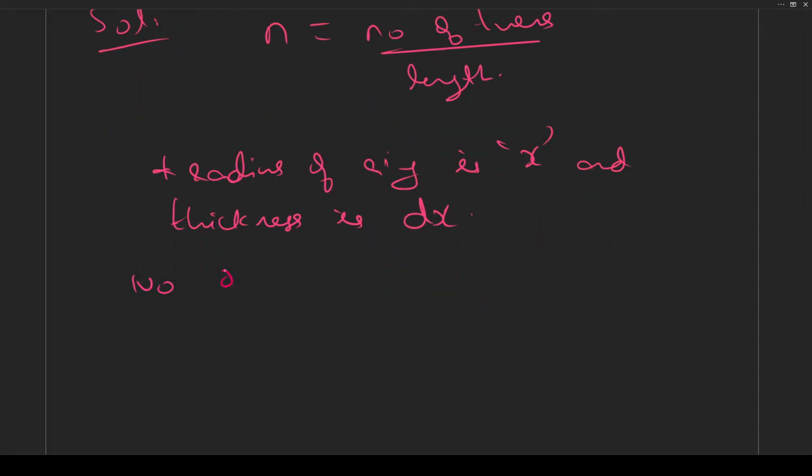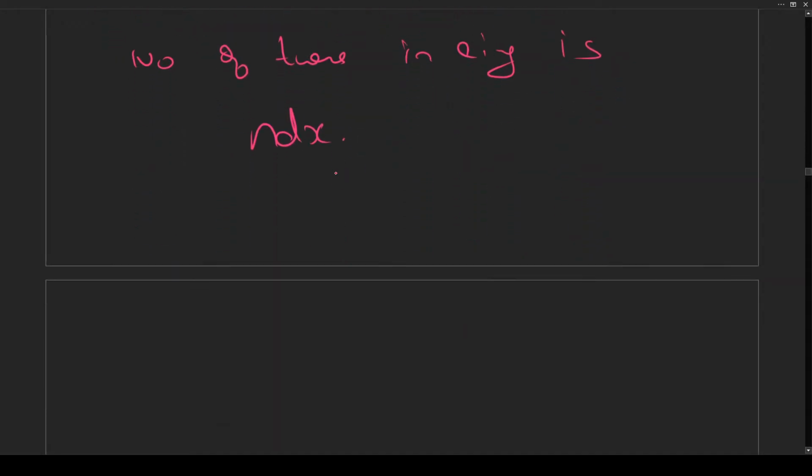The number of turns in the ring is n times dx, where n will be equal to N by (b minus a).